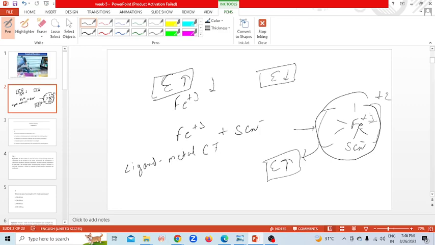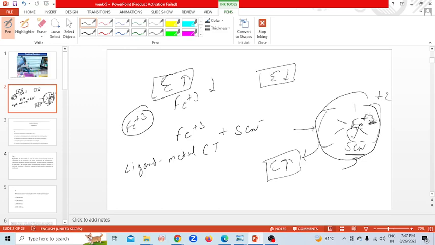What is the meaning of that? Iron is Fe plus 3, so it is three times positively charged, an electron deficient atom. In this complex, Fe plus 3 is the electron deficient center, whereas thiocyanate has a negative charge, so it is an electron rich center. So an electron can jump from here to here.